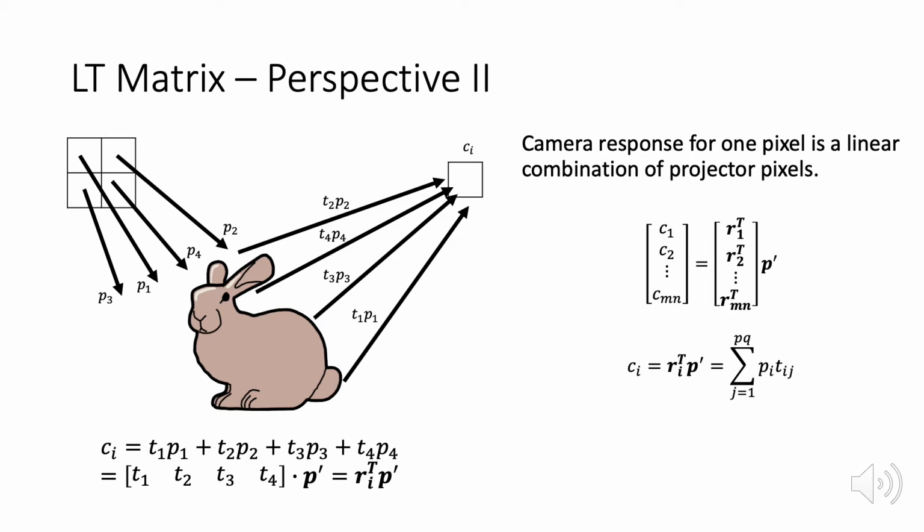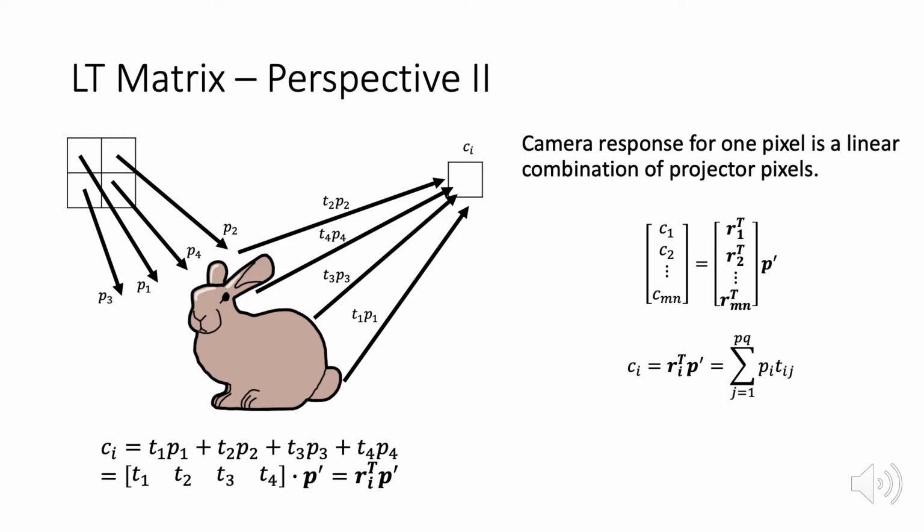How do we compute the value of Ci? We simply sum all the readings up. This is because of the superposition principle. So we can write Ci as the product of the row vector with the projected image.